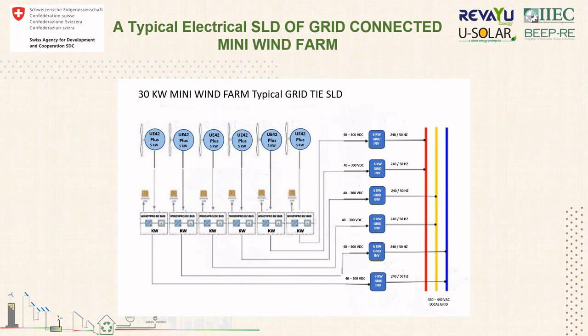So we suggest that dedicated controllers and inverters are installed with each turbine, and then they can be terminated at a common bus. This is a small mini wind farm of, say, six turbines. We have completed such an installation in Chennai recently.